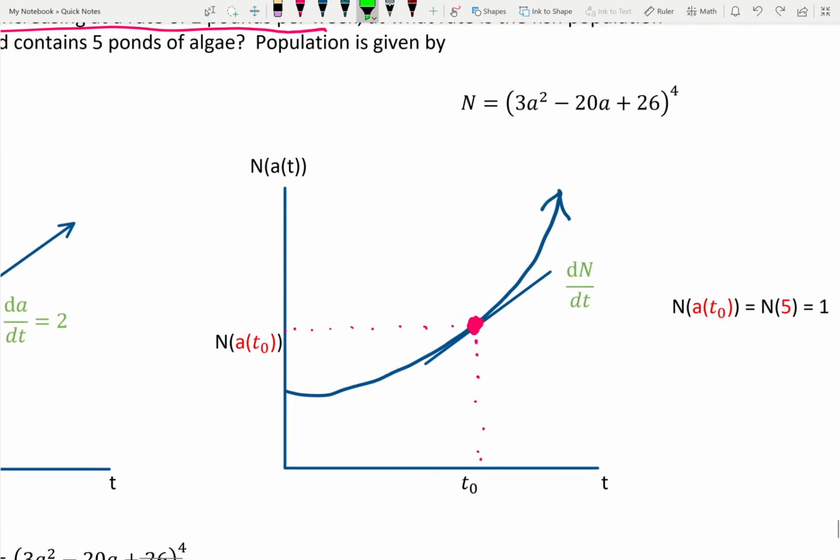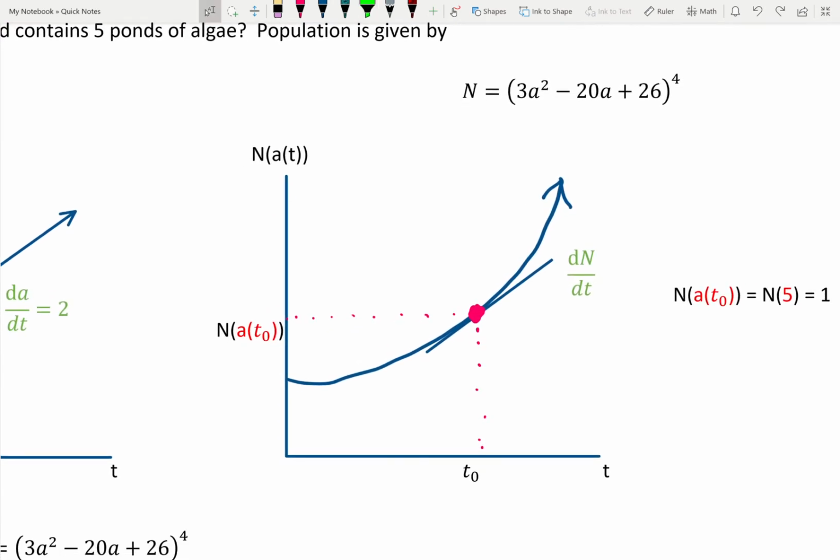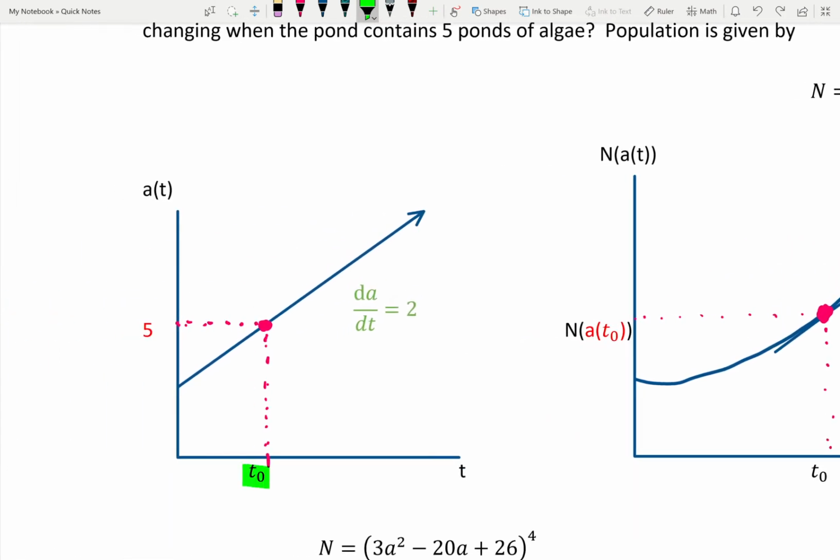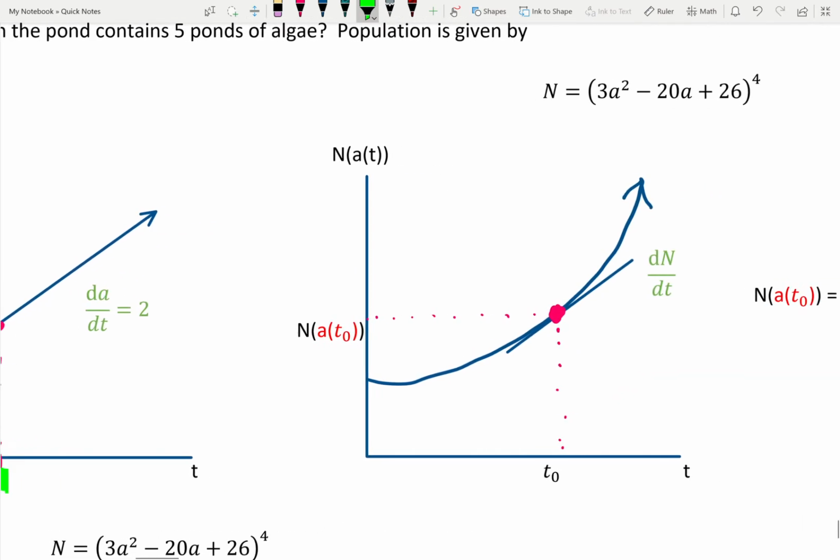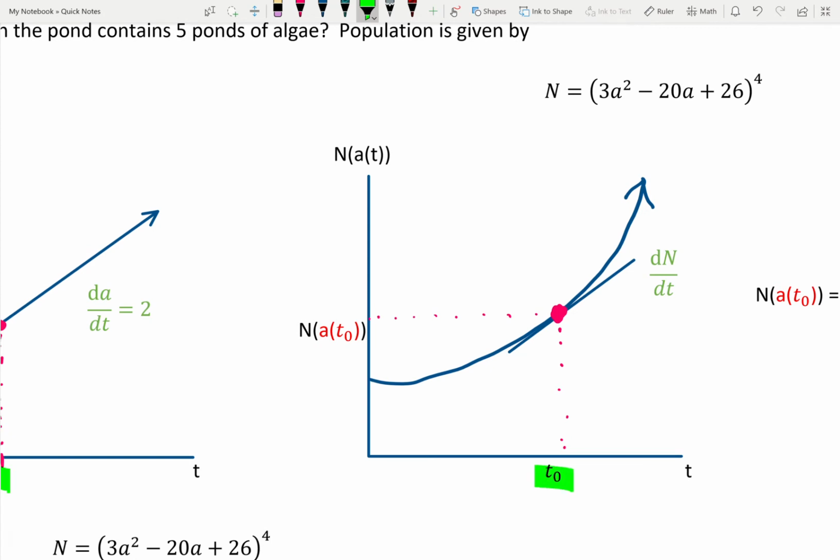I did that so I can have a t down here as my horizontal axis variable, rather than an A. So just like how at some time T naught I had 5 pounds of algae, at some time T naught I have N of A of T naught amount of fish in there.